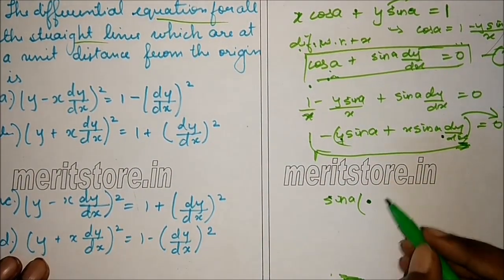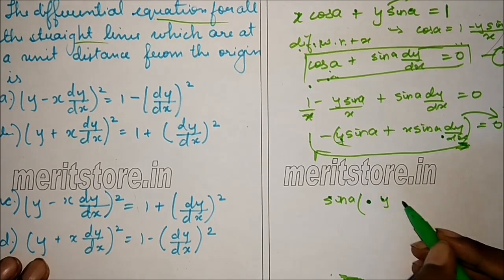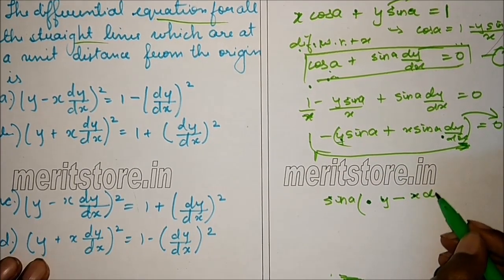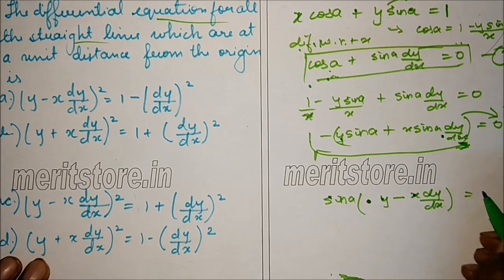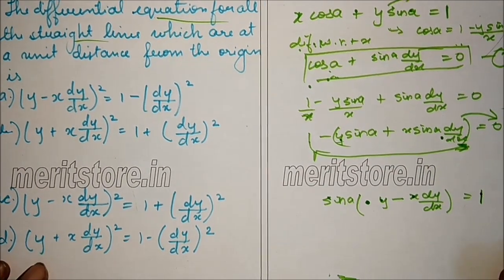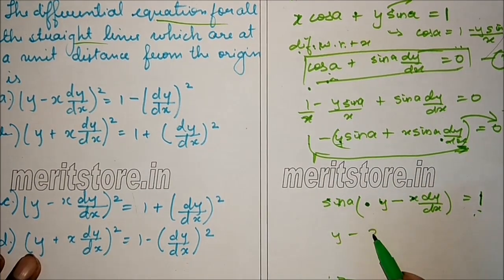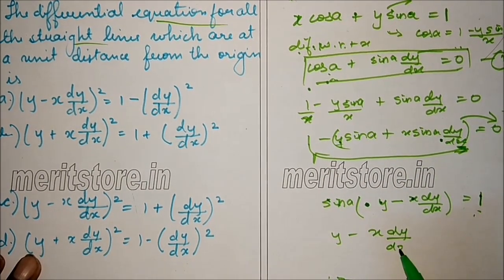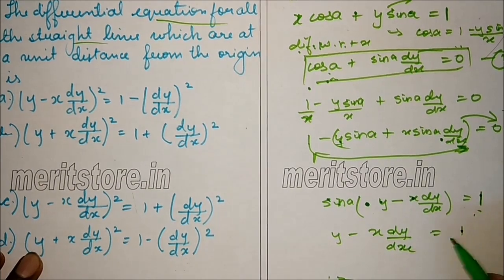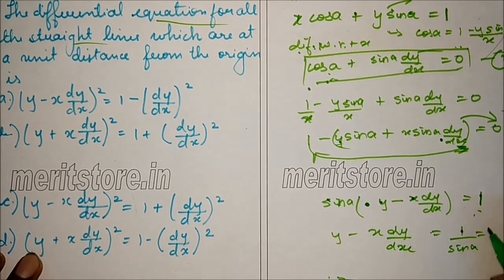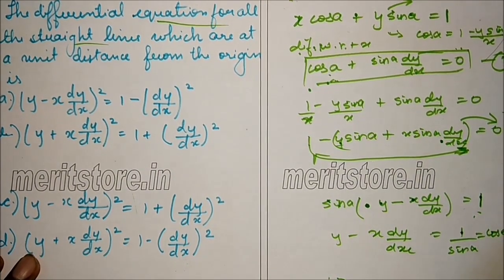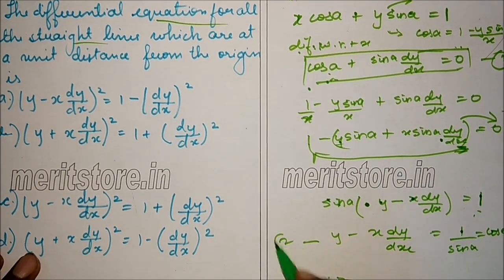So this will be sin A times (y minus x dy by dx) equals 1. Taking sin A to RHS, this will be y minus x dy by dx equals 1 by sin A. Now 1 by sin A is nothing but cosec A. So let this be equation 2.